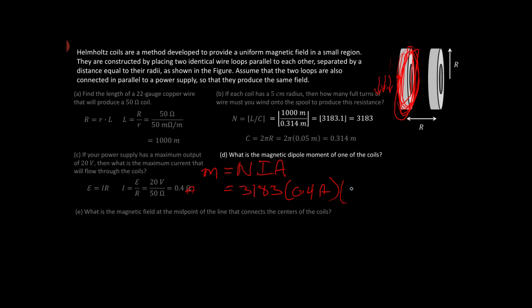What do we need? The area. Oh, I didn't calculate the area. Okay, the area is pi r squared, right, which is 3.14 times 0.05 meters squared, which is 3.14 times 25 times 10 to the minus 4 meters squared, which is 78.5 times 10 to the minus 4, excuse me, meters squared.